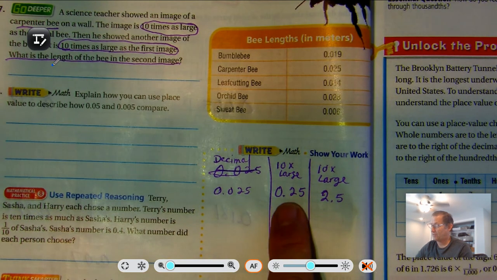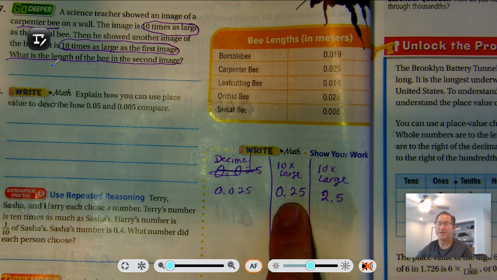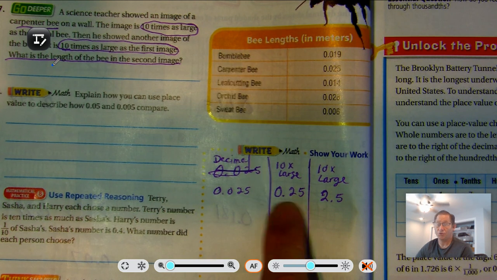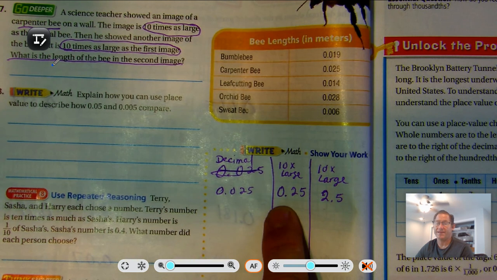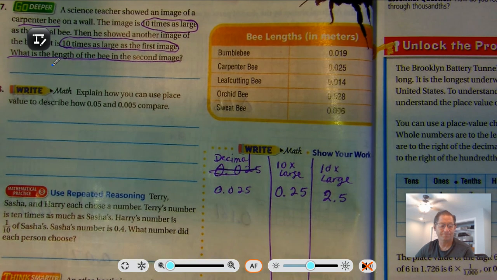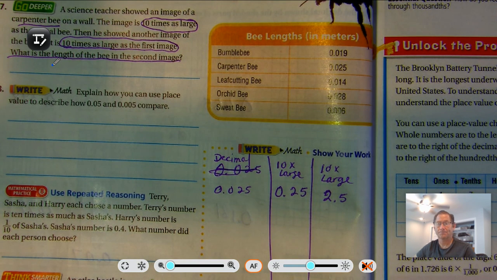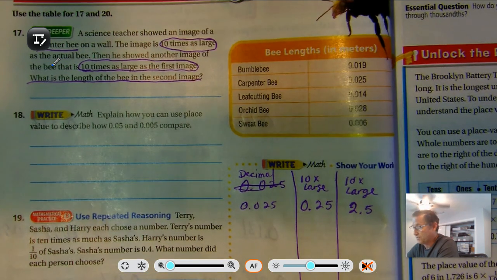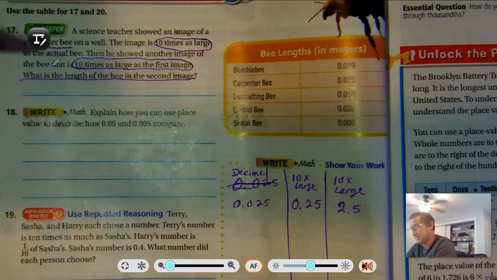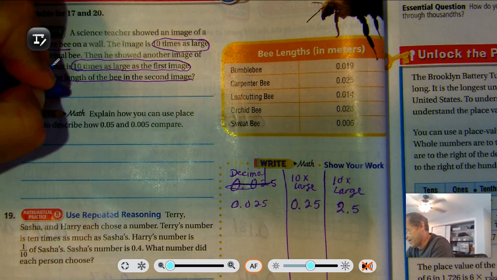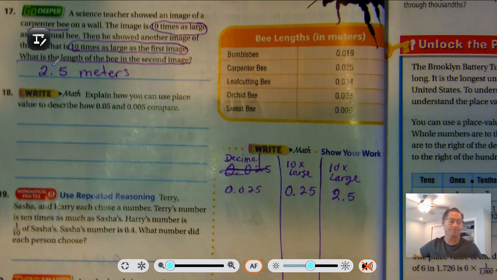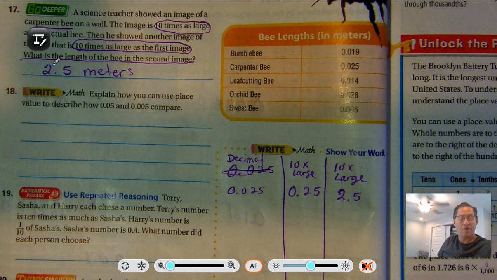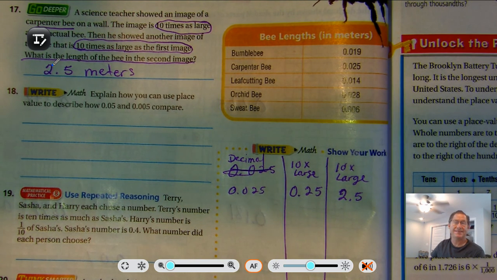Okay, because 10 times 2/10 would be 2. 5/100ths times 10 would be 5/10. So 2.5. So what's our question? What is the length of the bee in the second image? 2.5 meters.